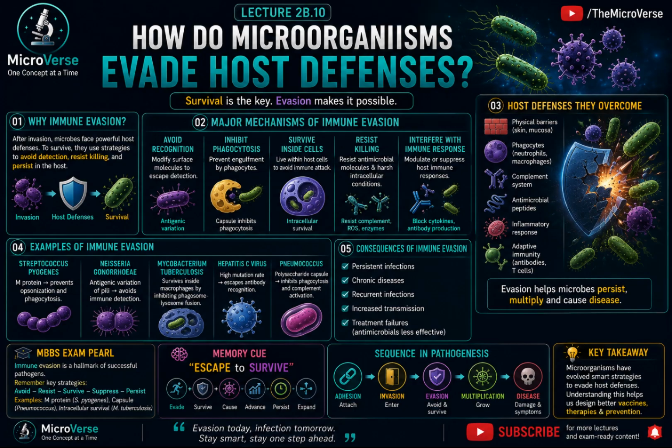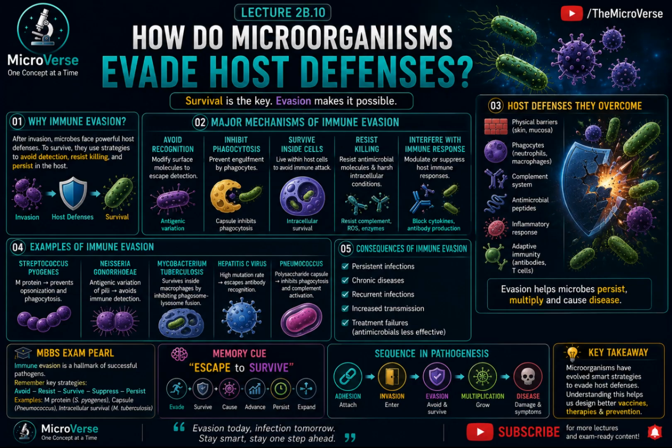The second one is avoiding phagocytosis. Another important defense mechanism is phagocytosis. Neutrophils and macrophages can recognize, engulf, and destroy microorganisms. Some pathogens have developed mechanisms that make this process more difficult. An important example is the polysaccharide capsule.